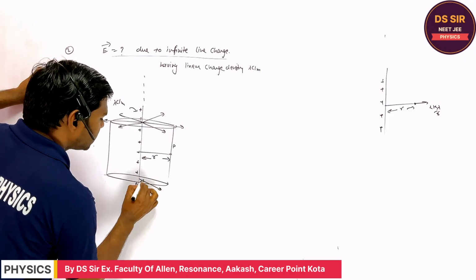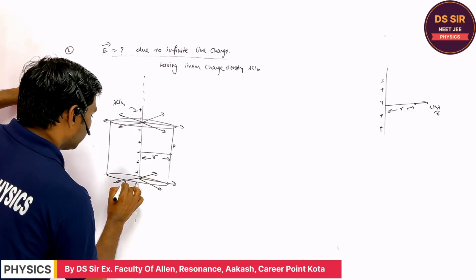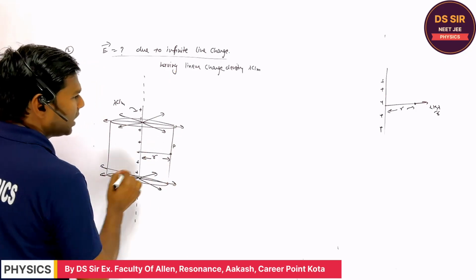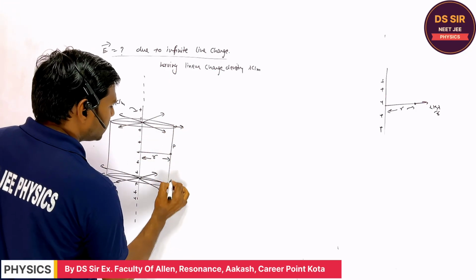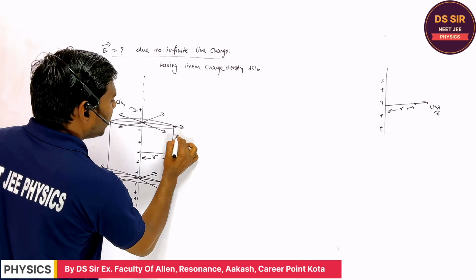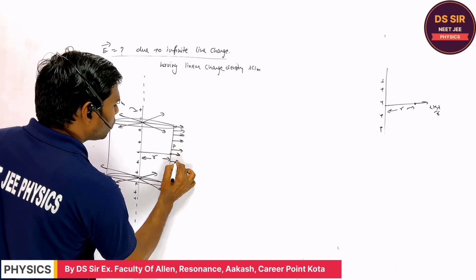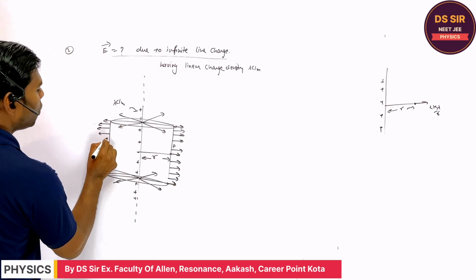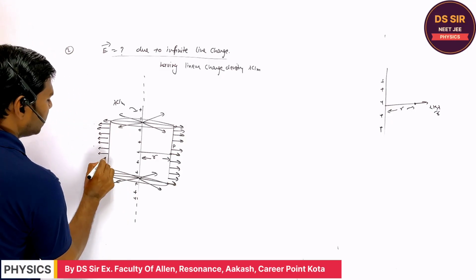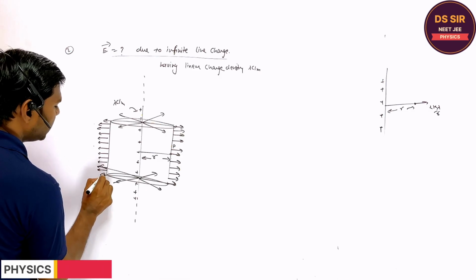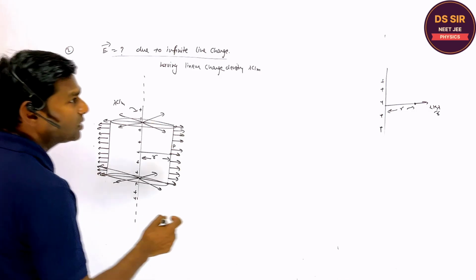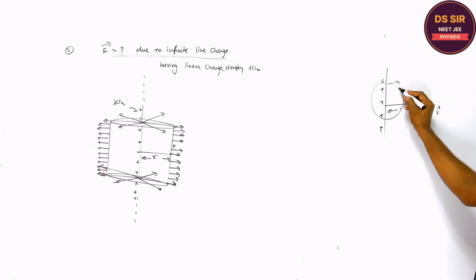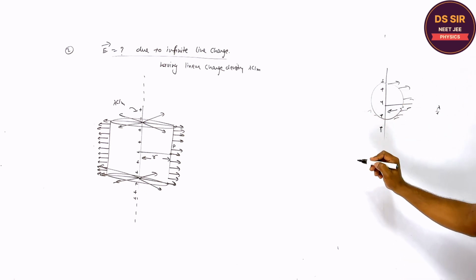This is the electric field E. At every point on this cylindrical Gaussian surface the electric field is constant, which is why I am taking the vertical cylinder. We cannot take a spherical surface in this case, because the electric field would be different at different points.